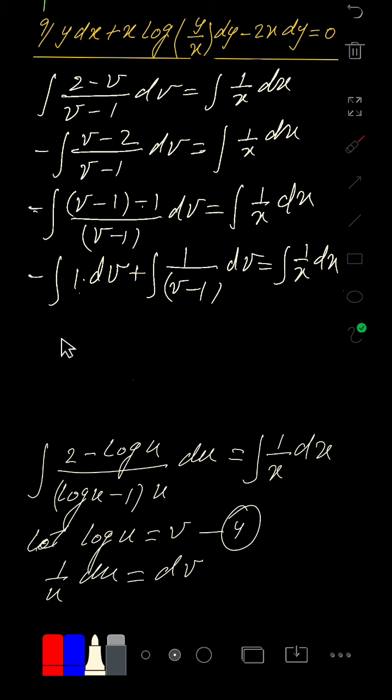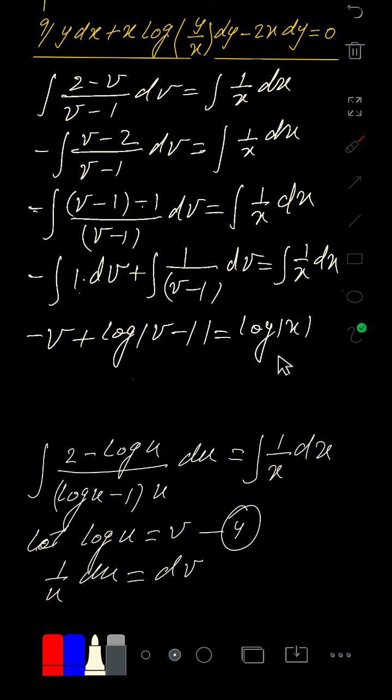Integral of 1 with respect to v becomes v, so minus v, plus integral of 1 upon (v minus 1) becomes log of (v minus 1) is equal to integral of 1 over x, which is log x, plus log c.